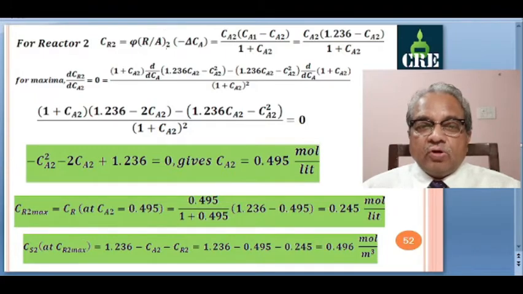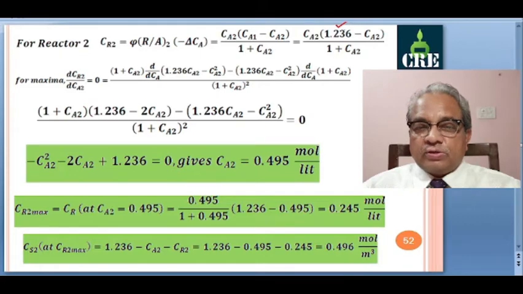For reactor 2 now, CR2. The instantaneous yield for reactor 2, we write this phi of R by A 2, subscript 2 we are using. So CA2 here; minus delta CA is CA1 minus CA2, because delta CA is CA2 minus CA1, divided by 1 plus CA2. We know CA1 here, which is the stream concentration coming out of the first reactor.